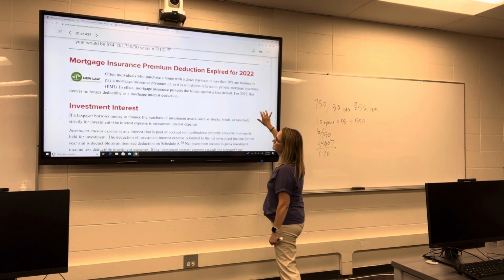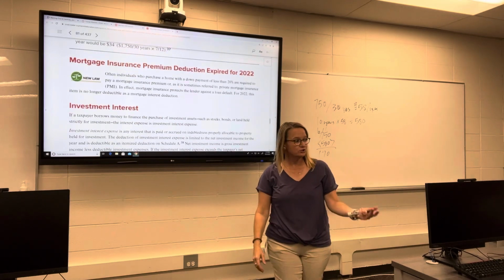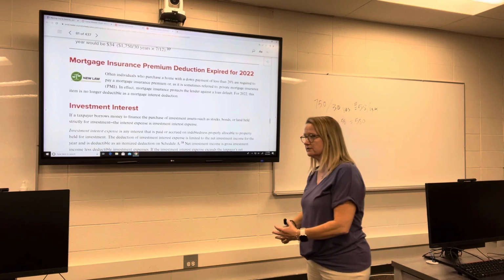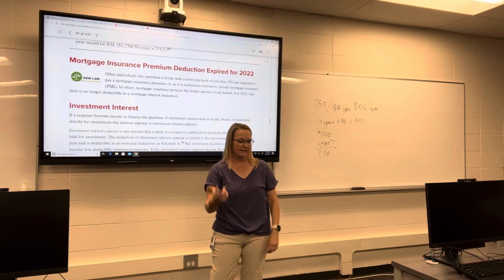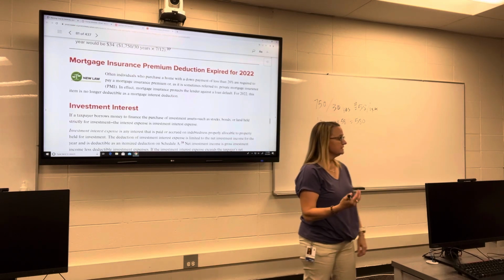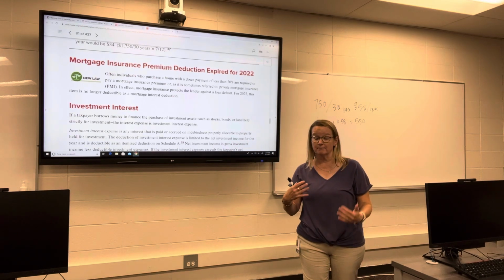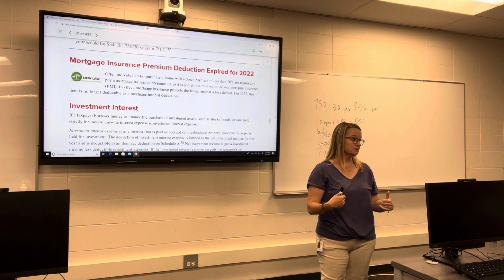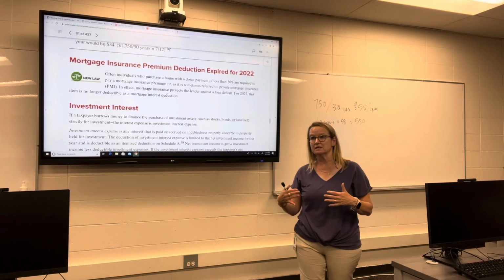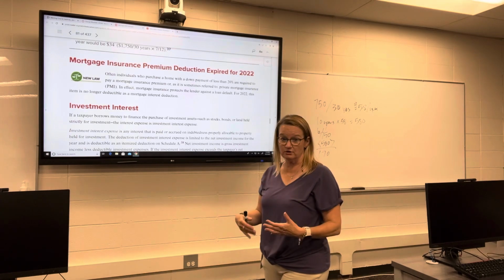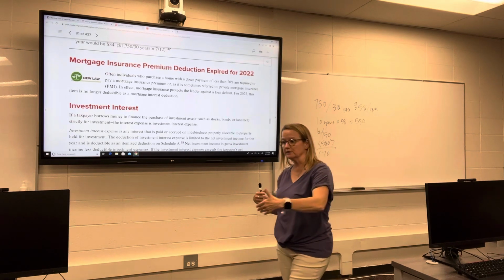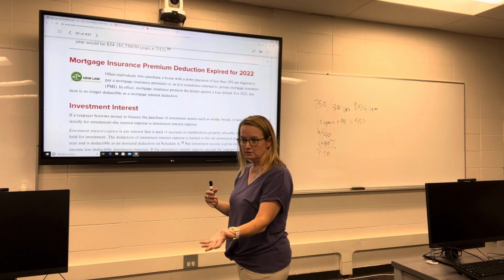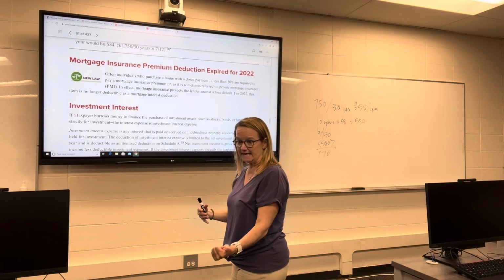Mortgage insurance. Mortgage insurance is insurance that doesn't protect the borrower, it protects the lender. The borrower pays the insurance, but if the borrower defaults on the loan, the insurance then pays the lender for the value of the remaining debt.